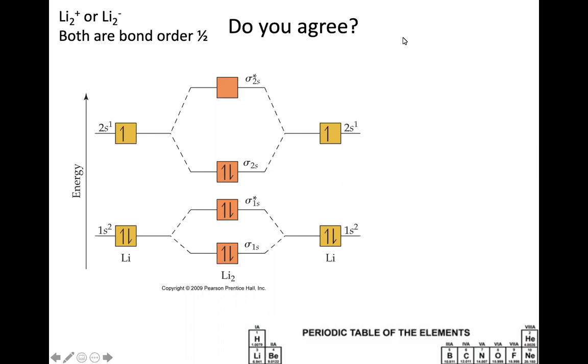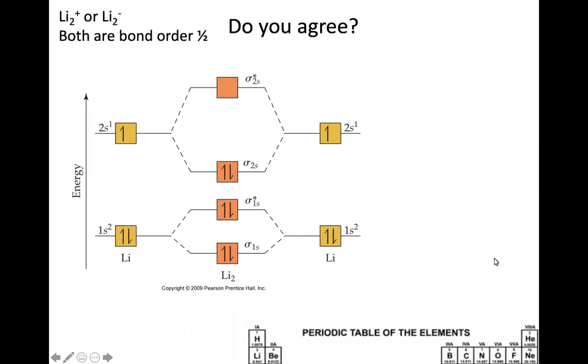We don't really have to worry about where the electron came from or went to, meaning to make the cation or the anion. All we need to do is put the correct number within the appropriate molecular orbital diagram, and with that, calculate whatever our new bond order is.